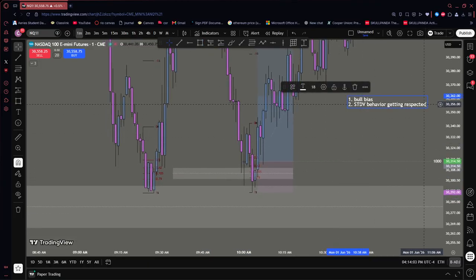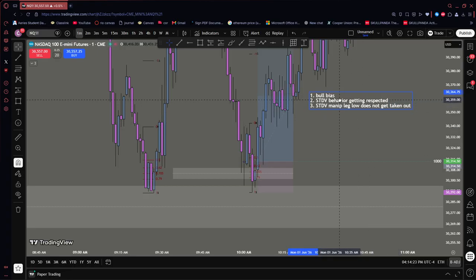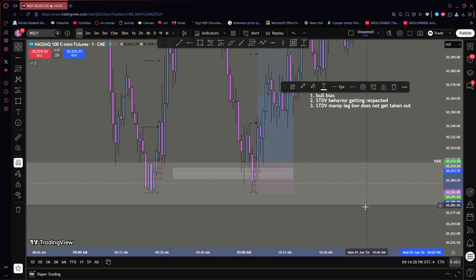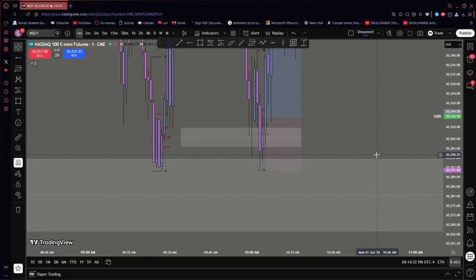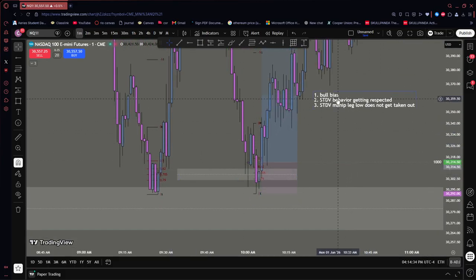And the one rule is that the original leg's very low or very high, depending on what direction you anchor it, but in this case the low, does not get taken out, which it doesn't right here. Right? It's small, but it didn't right there.